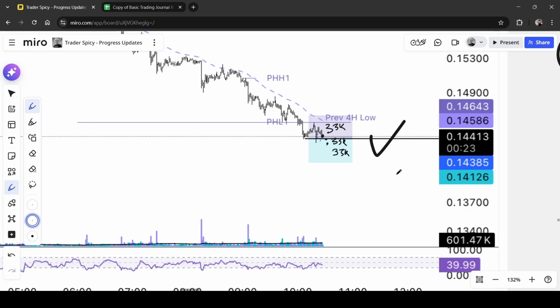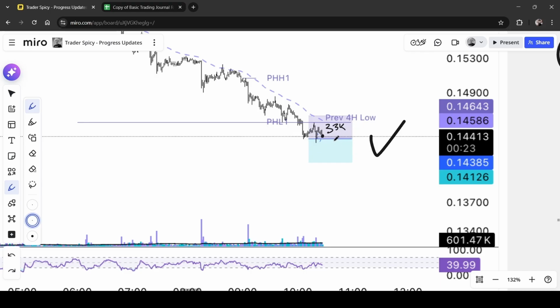So you get the exact same entry price, but the average slippage per every single one of these orders is going to be lower because you're hitting 33K against whatever is in the order book at the time. Then again you hit 33K with what's available at the time, and then again you hit 33K. So average slippage per one of these orders could be 1 basis point, 1 basis point, 1 basis point. So your average slippage per trade would be 1 BPS.